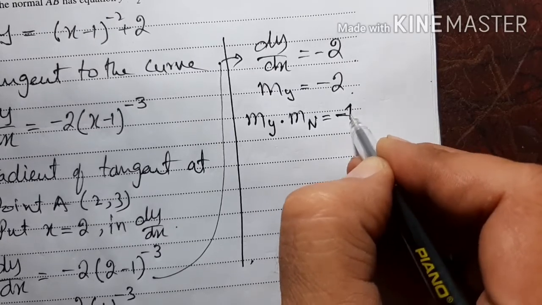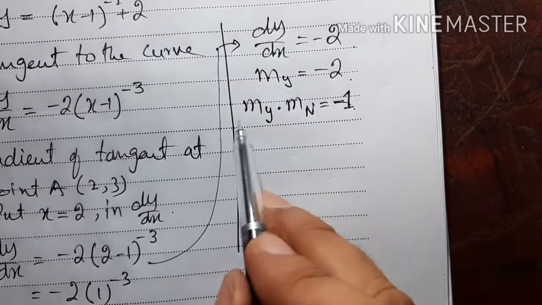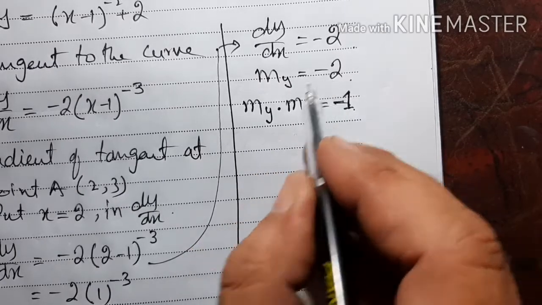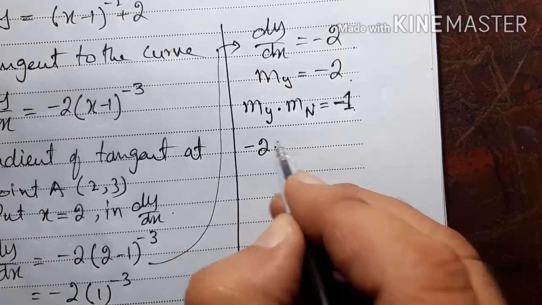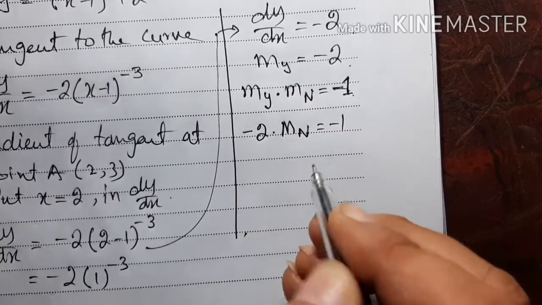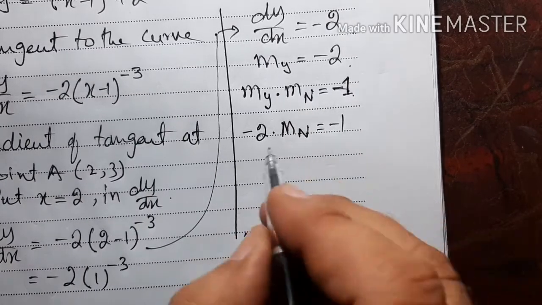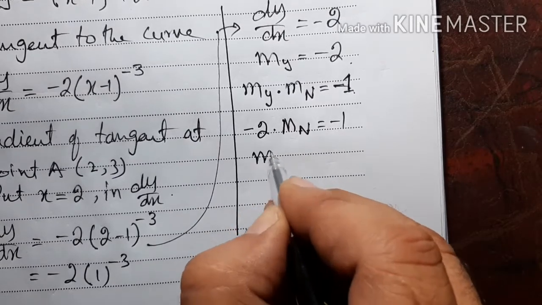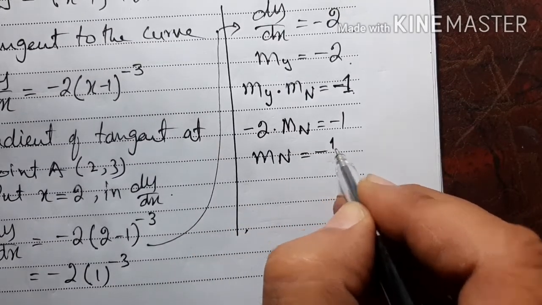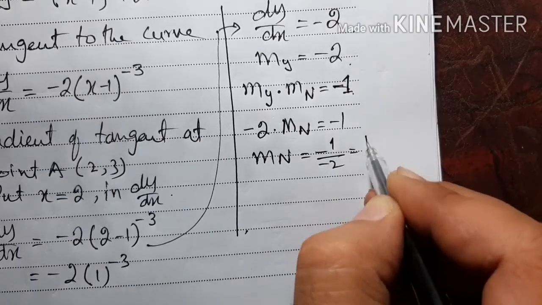This is the condition, because the normal and the curve are perpendicular to each other. So the gradient of the curve is −2 times the gradient of the normal equals −1. So take 2 on the other side. So the gradient of the normal is −1 over −2, which is 1/2.